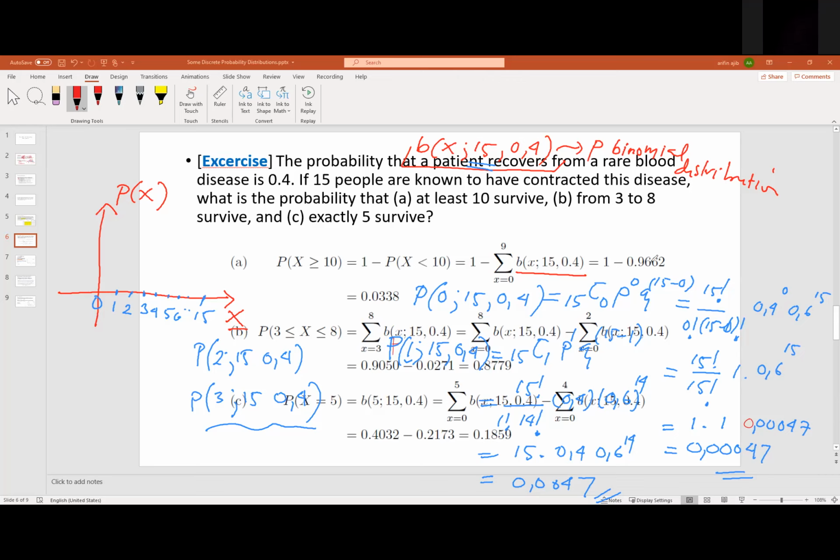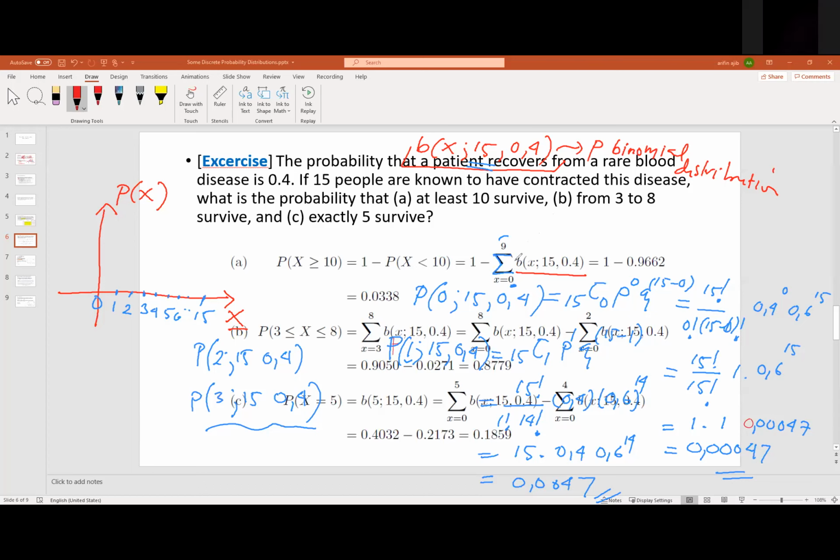So it means that sigma x from 0 to 9 means that we add up all of the probability from 0 to 9. Yes, add up, given this definition of sigma.